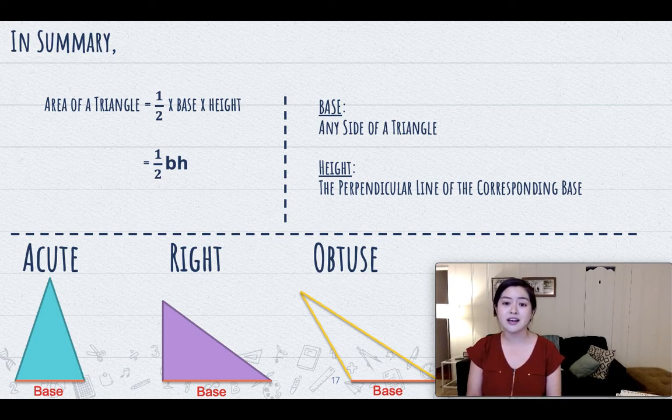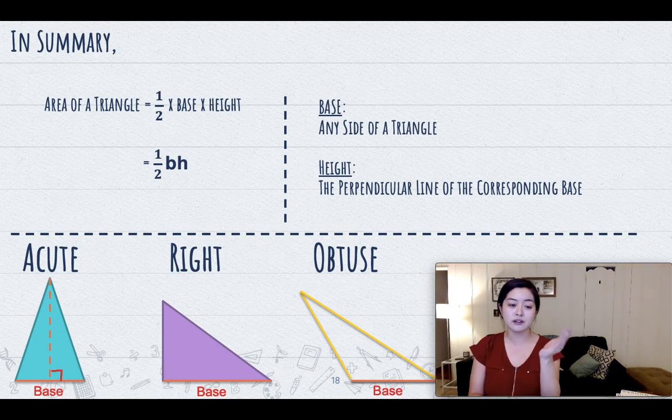Okay. Now we have to try to draw the height, okay? Now remember the height is perpendicular to the corresponding base. So let's look at the acute triangle, okay? So it has to be perpendicular to the base. That means when the height touches the base, it has to be at a 90-degree angle between the base and the height, okay?